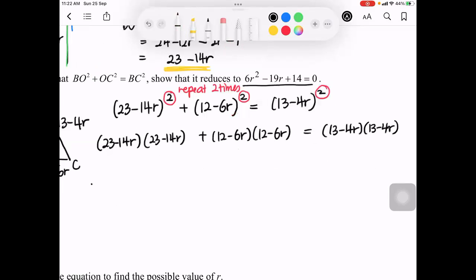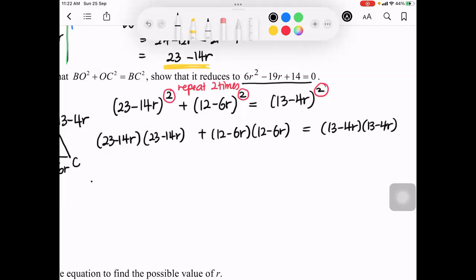Okay, you all ready for this? Try ah. 23 times 23. Everyone help me calculator quick. 23 times 23, how much is it? Come on, you all respond. 529.